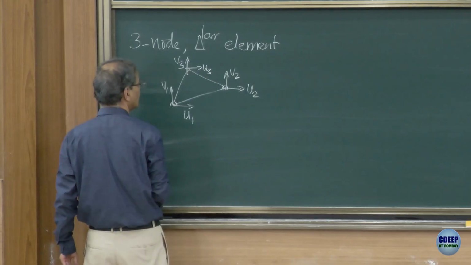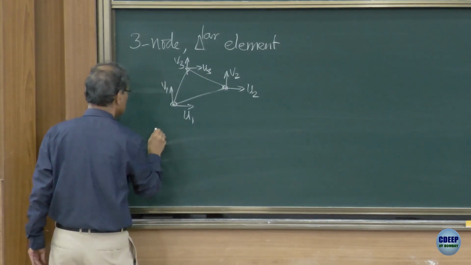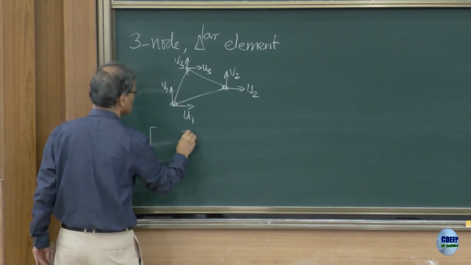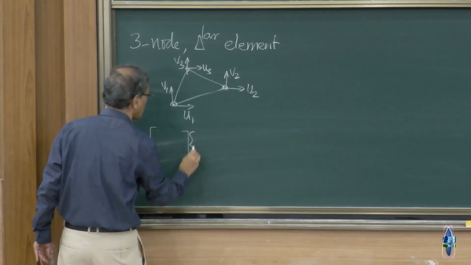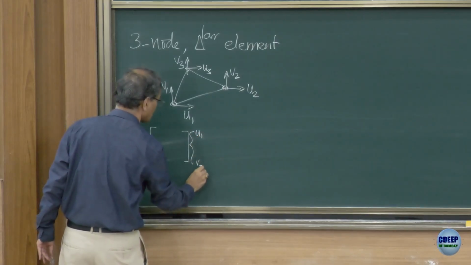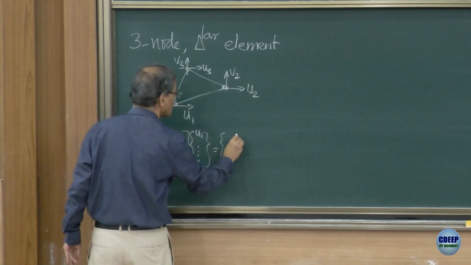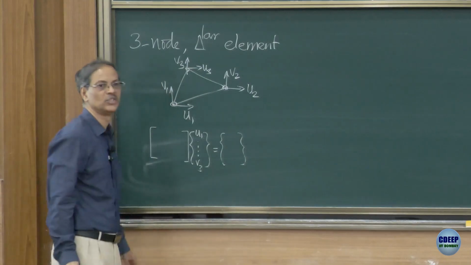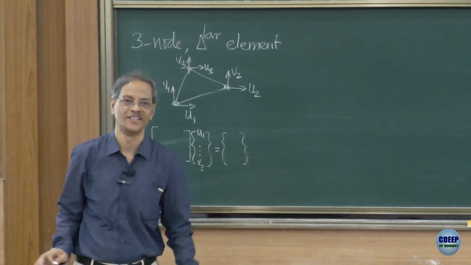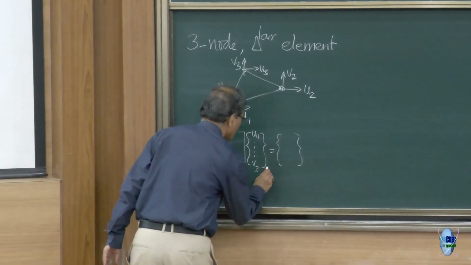okay. Now, 6 equations in 6 unknowns I should get. Right? This is my aim. So, this will be 6 comma 1.